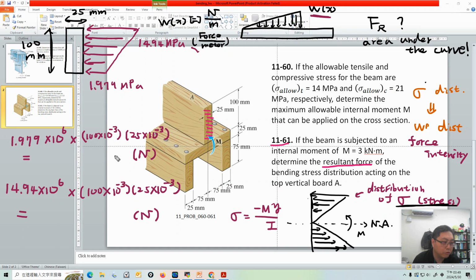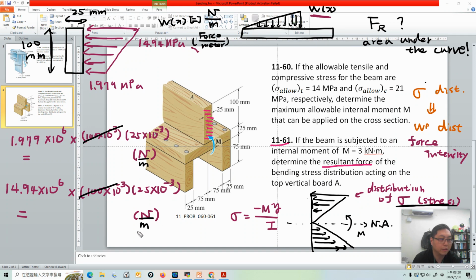So you have to divide it by this length, and then you will get a force intensity.